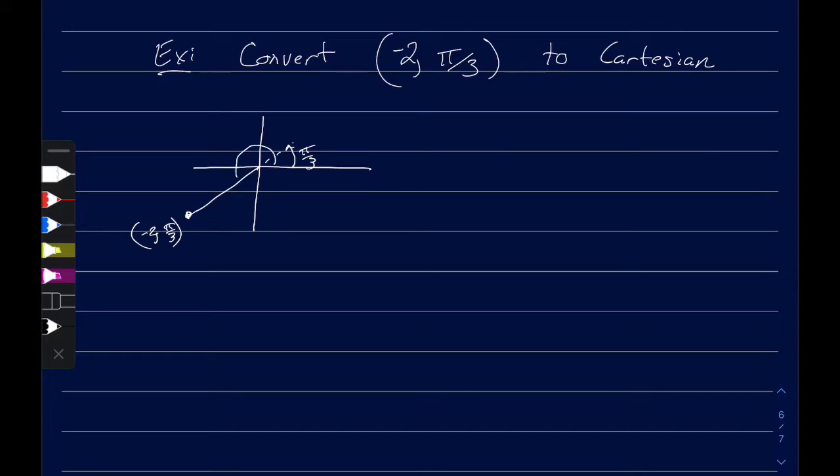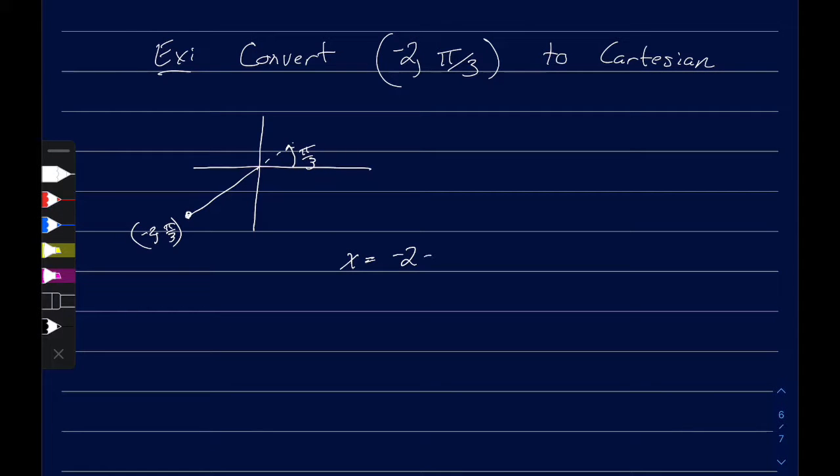So now all we have to do is find what this reference angle is. Or I suppose not. We could just use our change of coordinates and then double check to make sure that we're doing it right. It's always important to double check your answers.